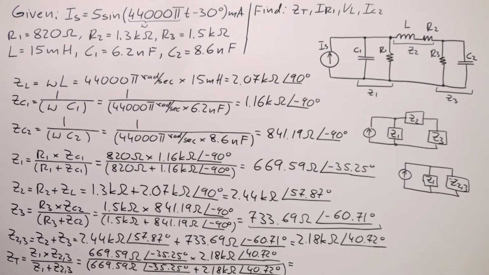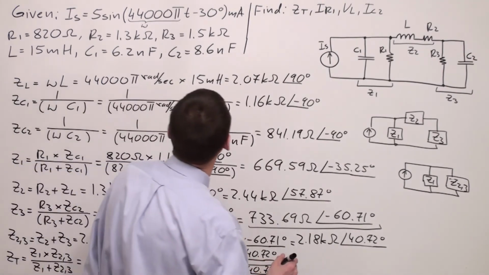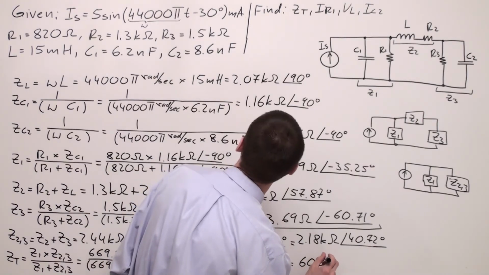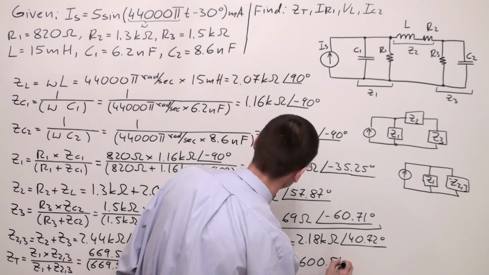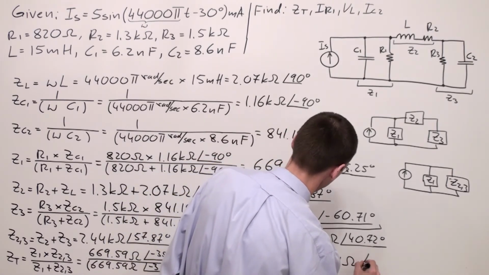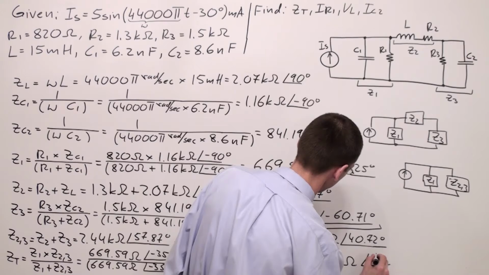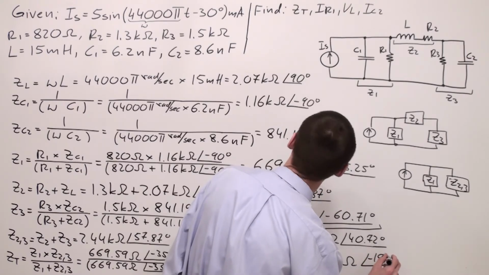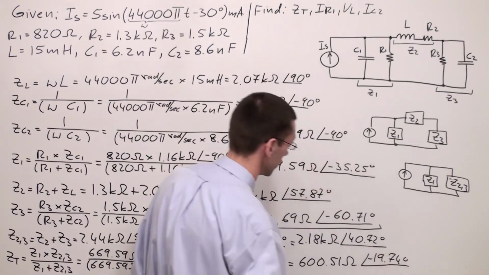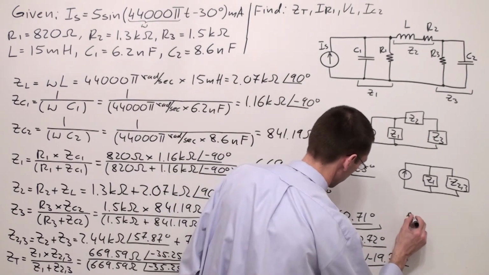This is equal 600.51 ohms and angle of negative 19.74 degrees. Okay, so your circuit right now looks like this.